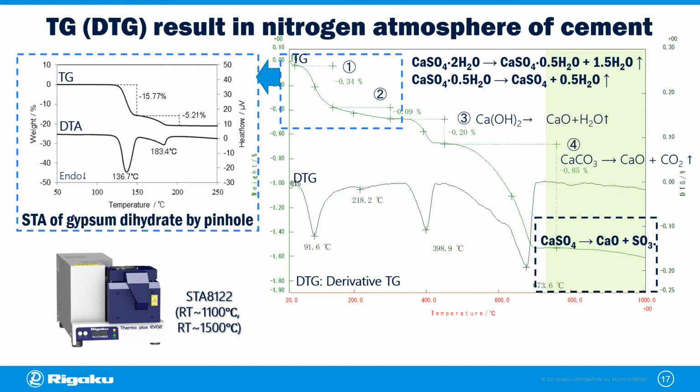Based on this DTG curve, if the TG curve is divided into 2 reaction stages, then the mass loss percent can be analyzed. It could be estimated that the first stage is 0.34% and that the second stage is 0.09%. However, the 2 stages are not clear because they occur in an overlapping continuous manner.